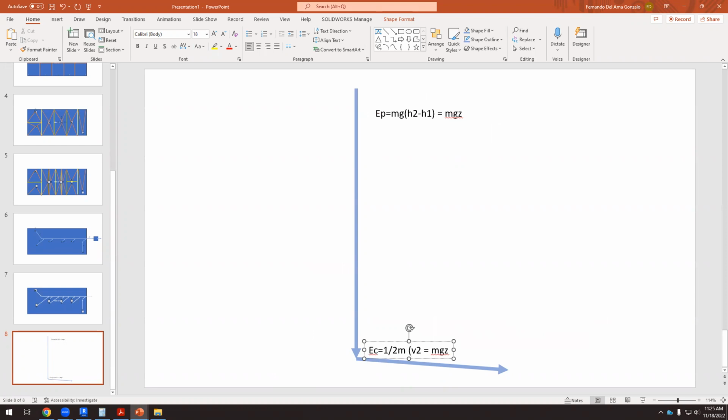It's not v times 2, it's v, velocity, squared. So at the end, that's the equation. The potential energy that we have here, because of the height of this mass of water, if it goes down, becomes kinetic energy, and the velocity of the water there is related to the height of the mass there.